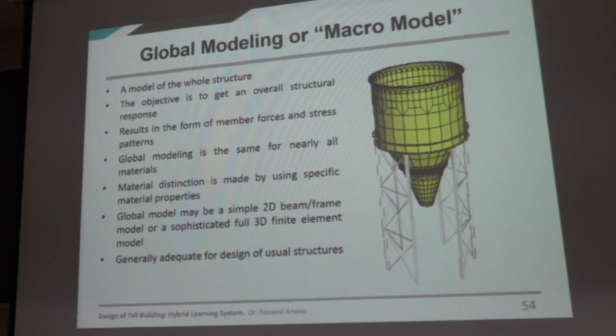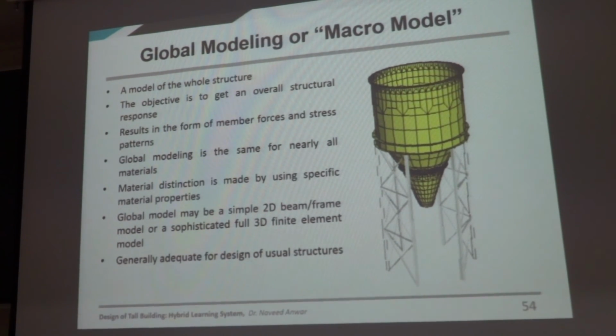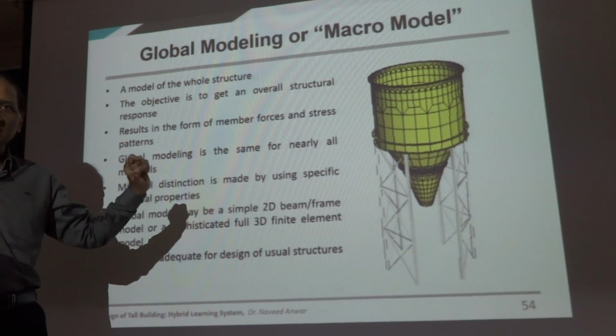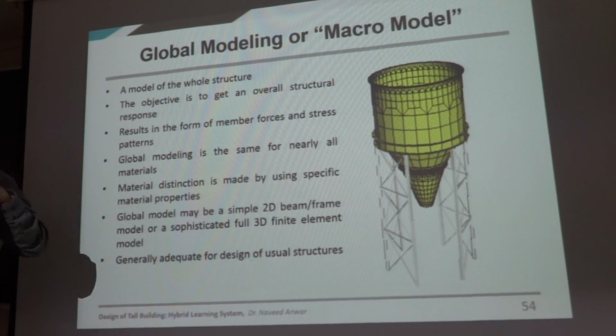This is called a macro model, in which you only model the overall geometry. Thickness is not modeled, connections are not modeled, individual welding is not modeled, bolts are not modeled. We just assume them to be some kind of a connection, and later we design them, but we don't put them in a model. So this is relatively easy, is inexpensive, and it is good for big structures. And then we can come down and do some design later.